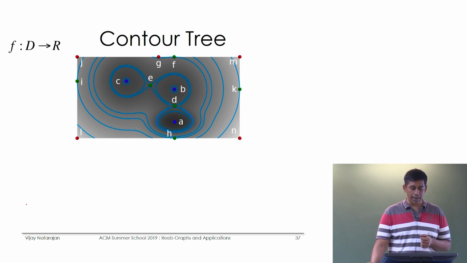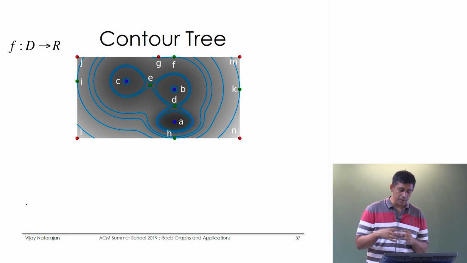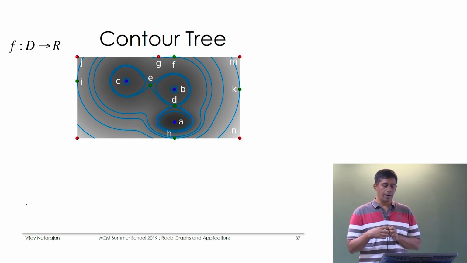So A and B: there are two contours, one surrounding A and one surrounding B. These two components will merge. Where exactly do they merge? They merge at a saddle which is D. And then this merged component merges with the isocontour that began at C. Where do they merge? At E, and so on.